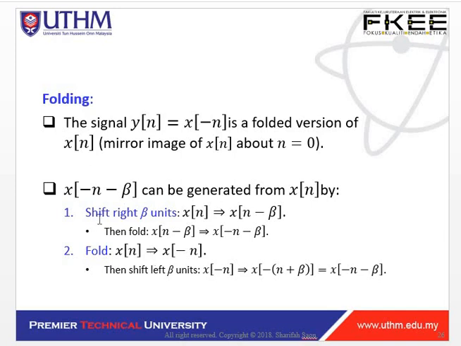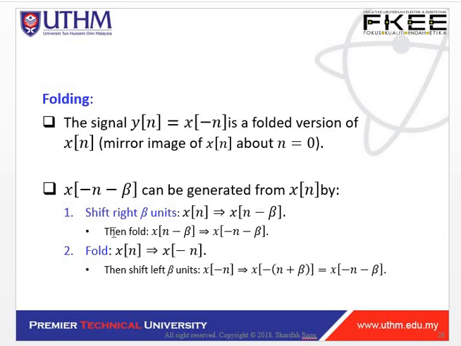If you do the time shift first, you go straight to x[negative n negative beta], right? So for the shifting, you choose x[n minus beta]. For minus, what is it? Delay, right? So you shift the origin to the left by beta units, because it's negative.